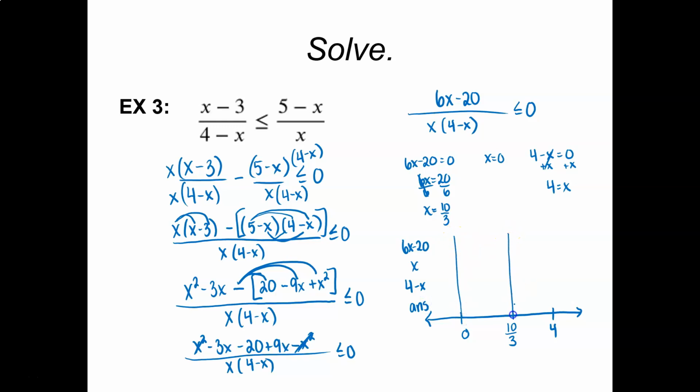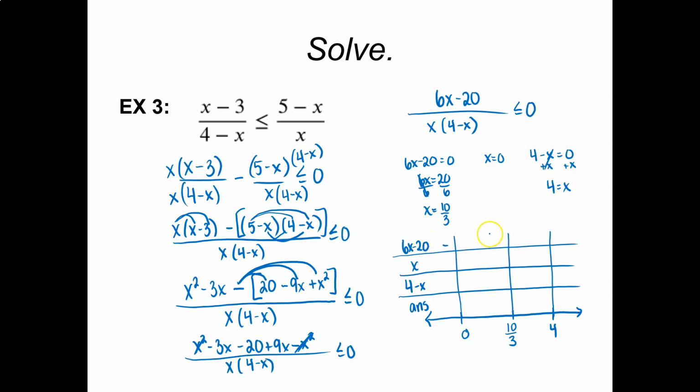So we'll make our chart. And so 6x minus 20, if I plug in -1, I'll get a negative.